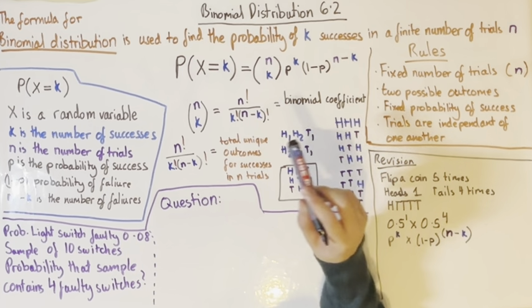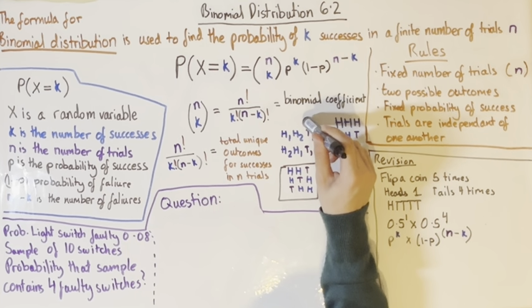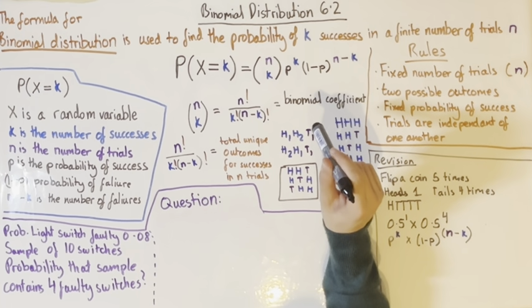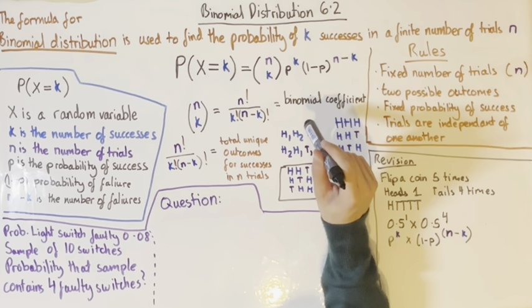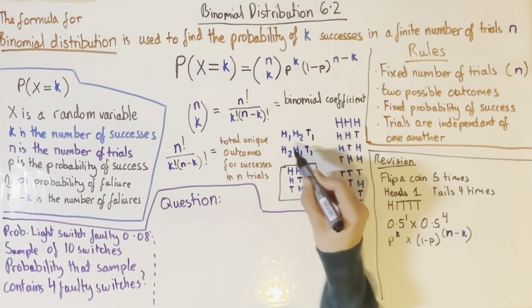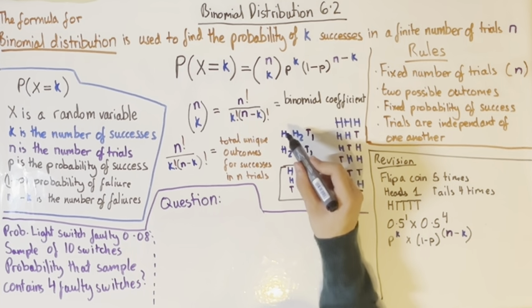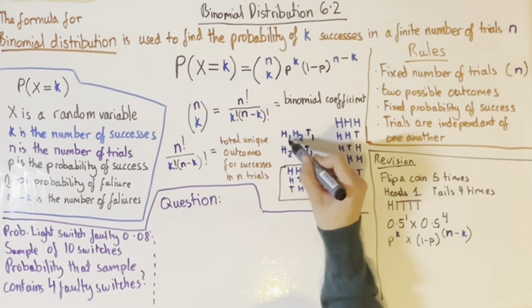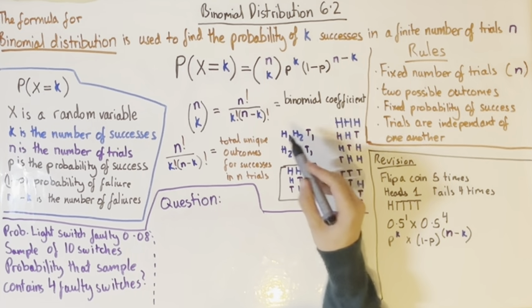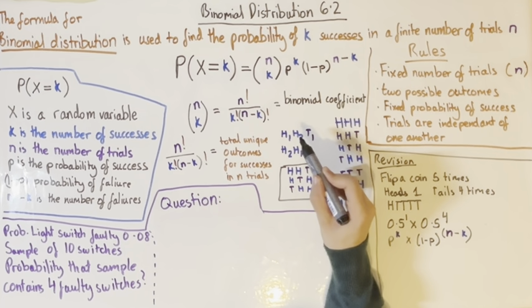But there's a catch to this, because if we model each head as being a distinct successful outcome and tails as being a distinct failure, then we could end up with a scenario where we have H1, H2, T1, H2, H1, T1. But we don't care about whether the one we've assigned to this H is here or here. We just care about if it's two heads, one tail: heads, tail, heads, or tail, heads, heads.